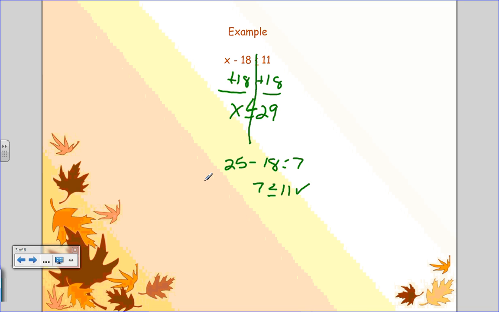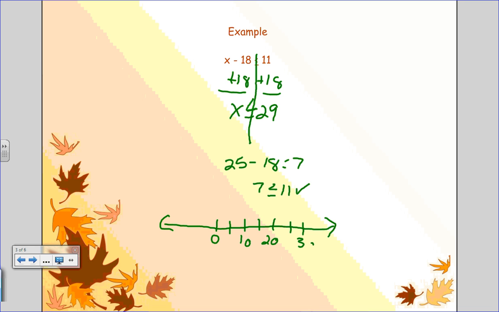Now, I need to graph. So I'm going to make my number line. Now, I got to graph x is less than or equal to 29. So, I'm obviously not going to count by ones here. I would just count by fives. Okay? So I'm counting by fives. I label every other line.